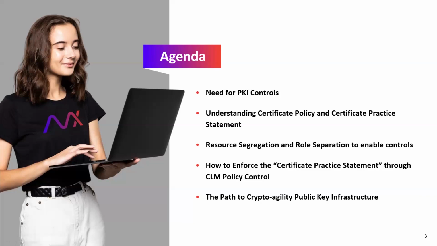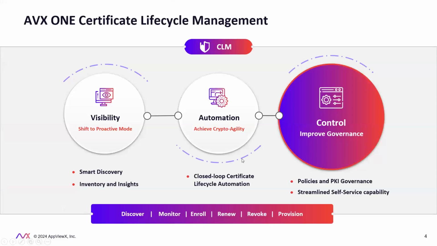How we can move our PKI system to be more crypto-agile to adapt to any new changes that are enforced by Google, NIST, or the CA/Browser Forum and all of that. So these are the three how-to sessions we discussed, and we are in the third session now. We'll look into PKI governance and how we can streamline our self-service capabilities.